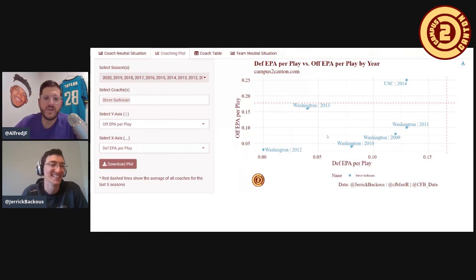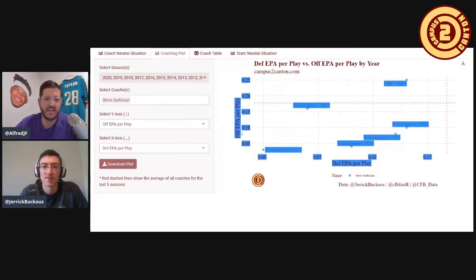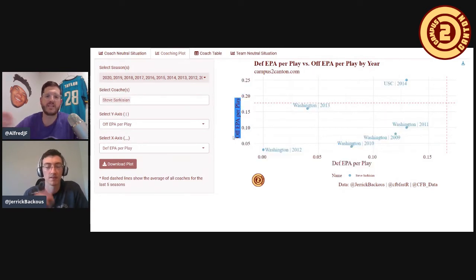But when you guys are looking at this, offensive EPA, you want that to be very high because it means you're adding expected points every time you run a play on offense. The inverse is true on defense, actually. A low number on defense is better because you are reducing your expected points every play that's run when you're on defense. I definitely messed up my own graph there. That's awesome.